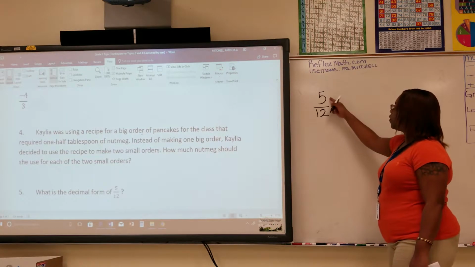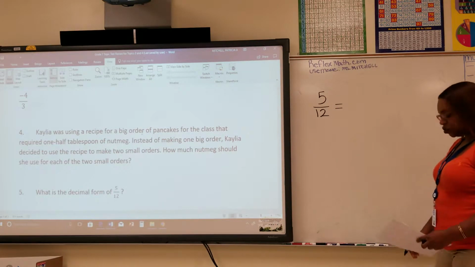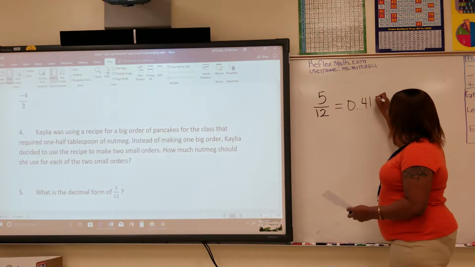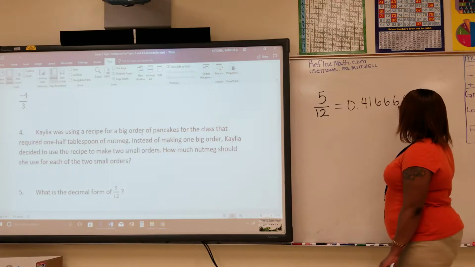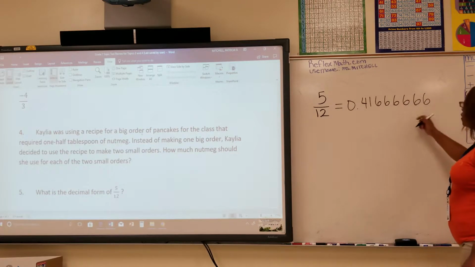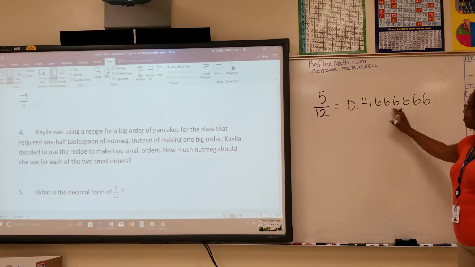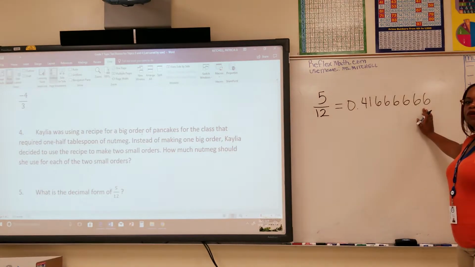So when we divide 5 divided by 12, we should get 0.41666666. Notice that these sixes are repeating, okay? But we are not going to write this. Why? Because we can use another method to do that.